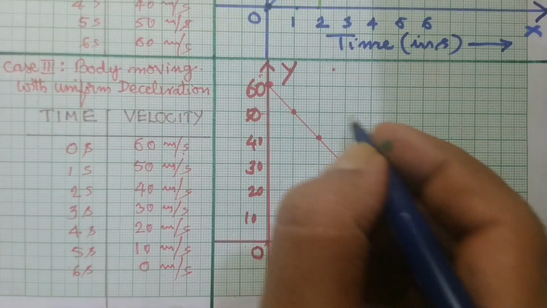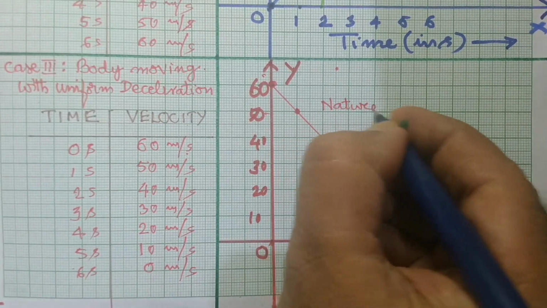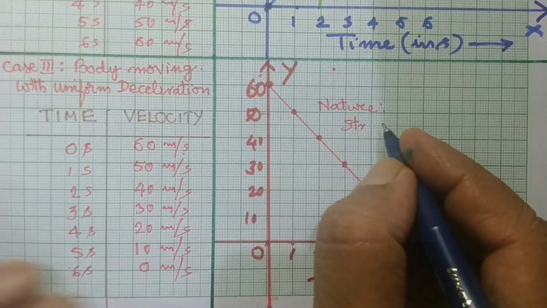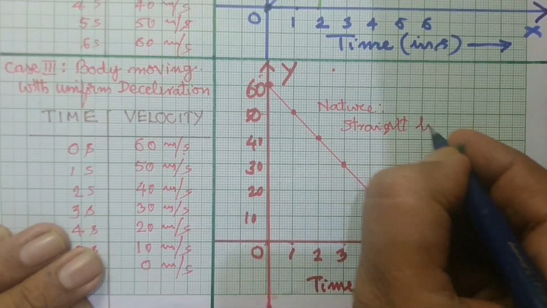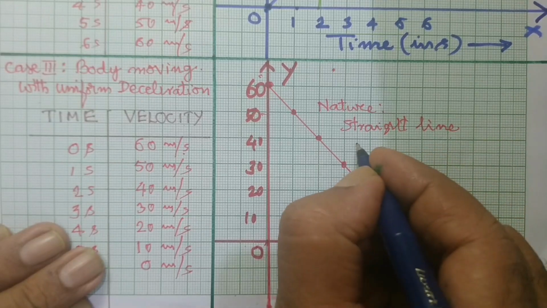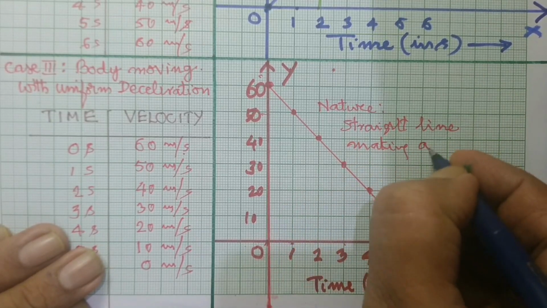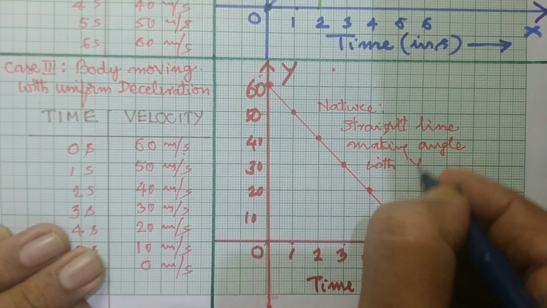Now let us see the nature of this one. The nature of this graph is also a straight line, but you remember, a straight line making angle with the y-axis.